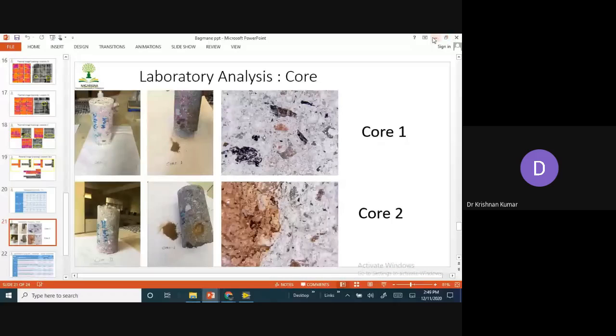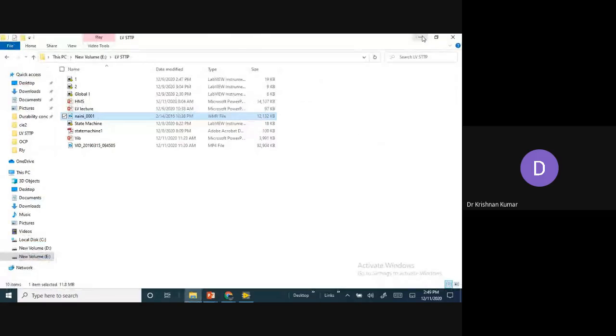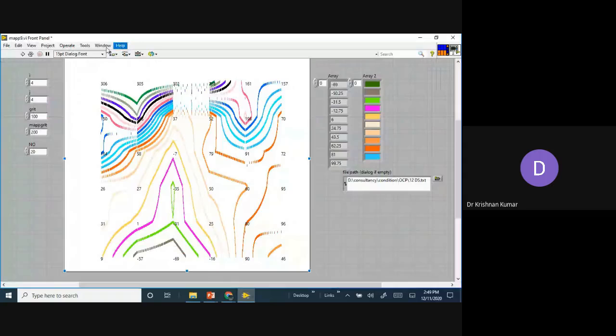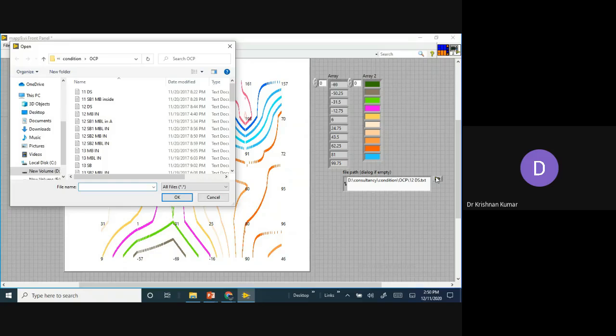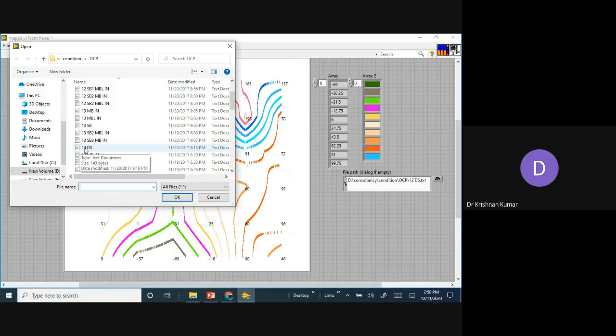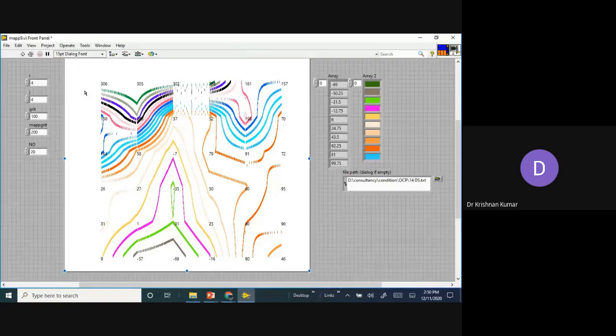Now I want to show you in real time how the mapping is done. This is our coding. Whatever potentials we measured, I have already stored in a separate Word file. I am just taking some of the data. Now I am running it.